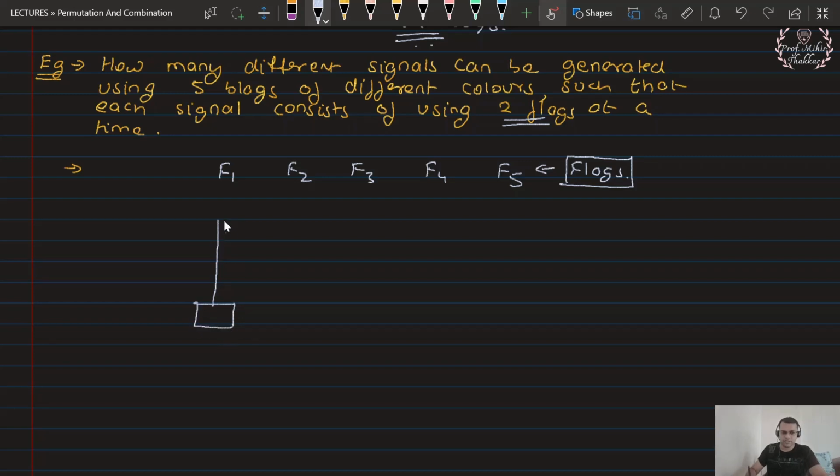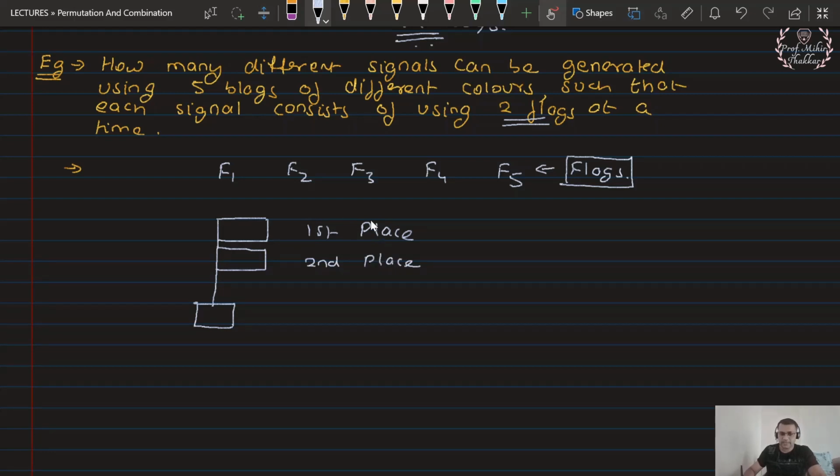Suppose this is a signal post and this is your signal, then this is your first place, this is your second place of the signal.